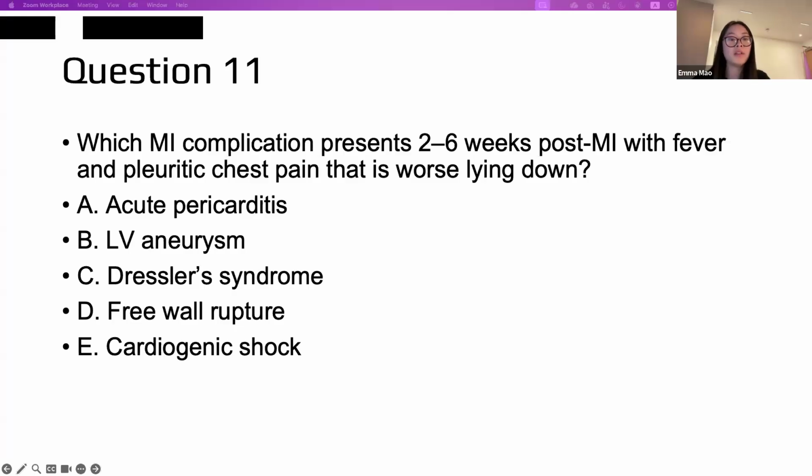So you've identified that it's a pericarditis due to the pleuritic chest pain that is worse lying down. And because it's occurring 2 to 6 weeks post MI, it's likely Dressler syndrome, so an autoimmune cause, whereas acute pericarditis occurs 1 to 2 days after an MI.